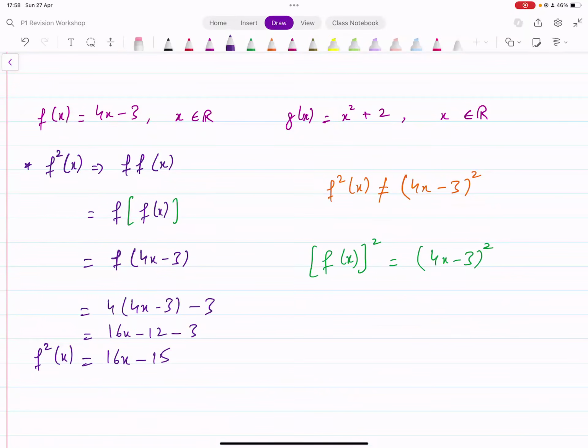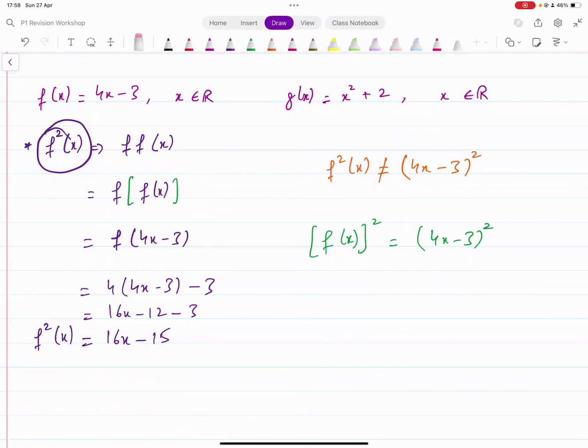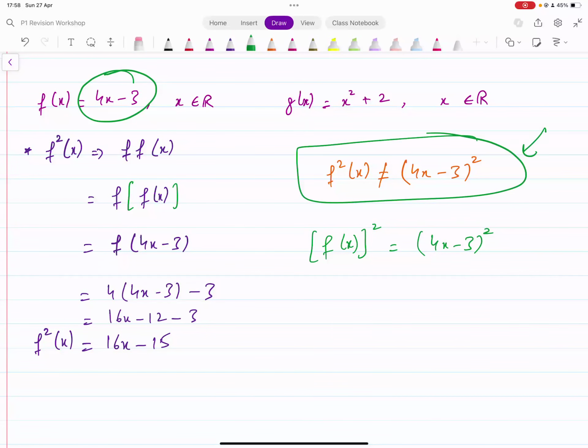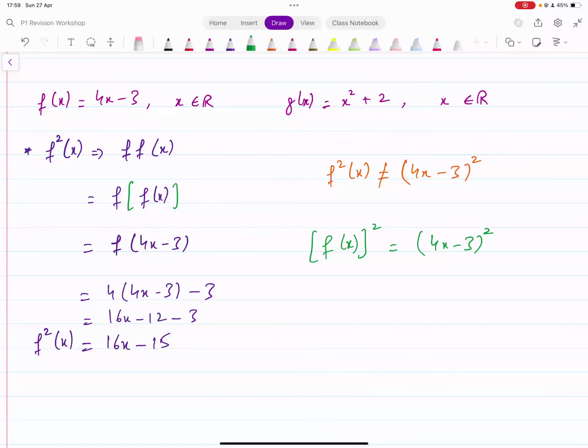Then you have this notation, f squared of something or g squared of something. What does that mean? If the function f of x is 4x minus 3, f squared of x is not 4x minus 3 whole squared. That would be f of x whole squared, which is a different thing. But when it says f squared of x, what that means is you've got the function f coming twice there.